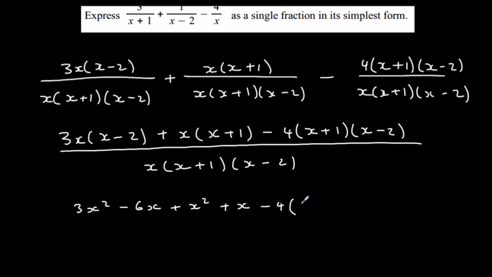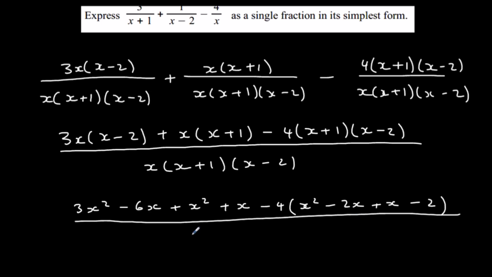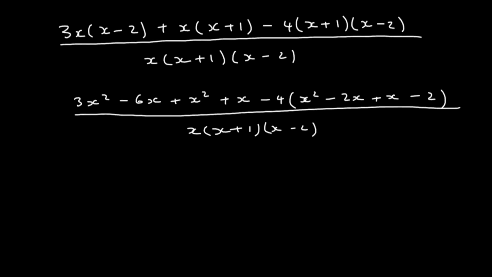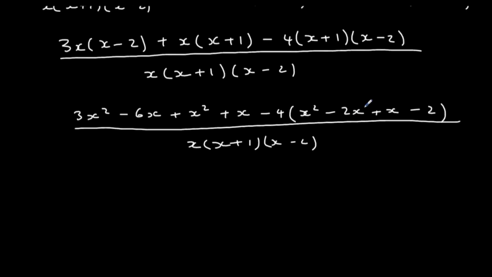So x times x is x squared. X times negative 2 is minus 2x. 1x is x, and 1 times negative 2 is negative 2. So I'll keep my denominator. So then I'll expand this bracket, and then I'll collect the like terms.